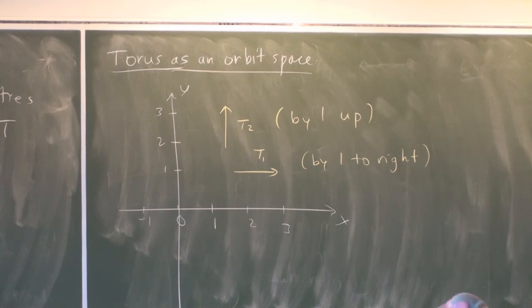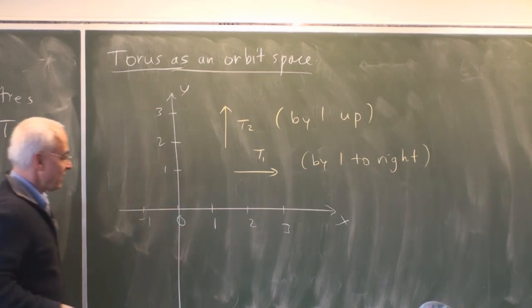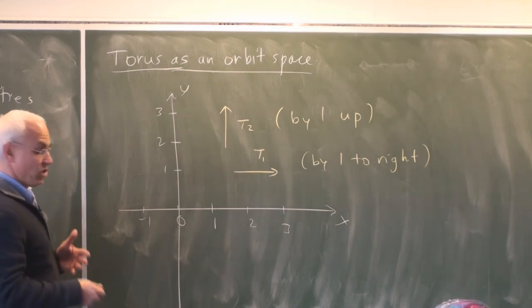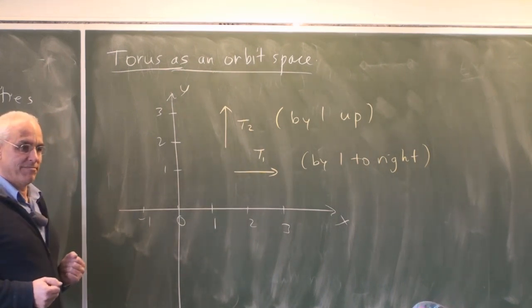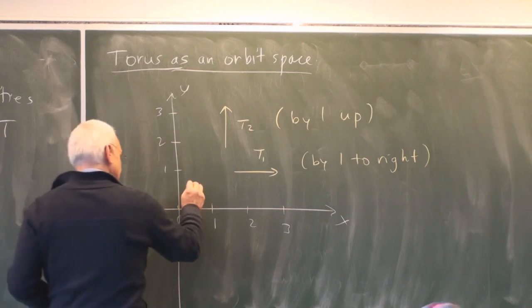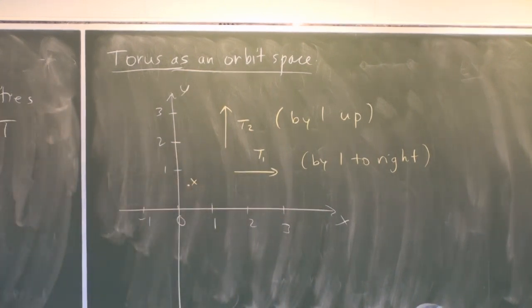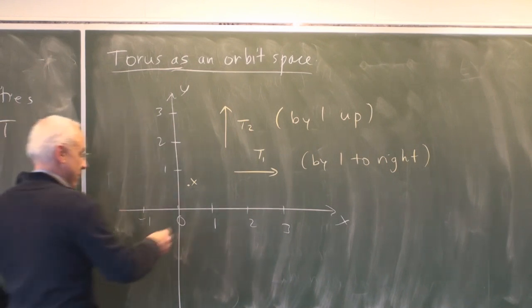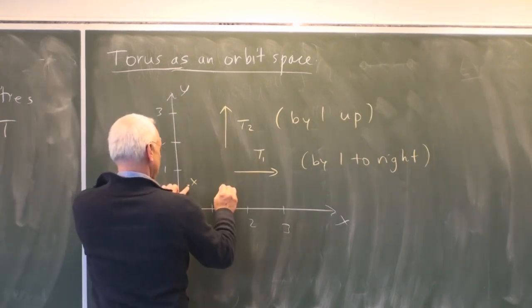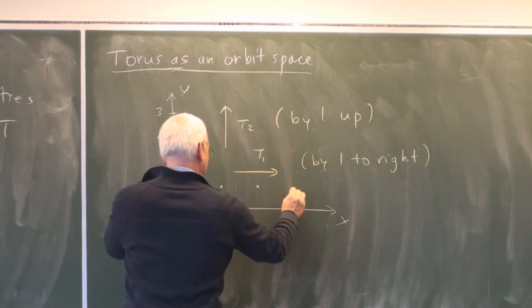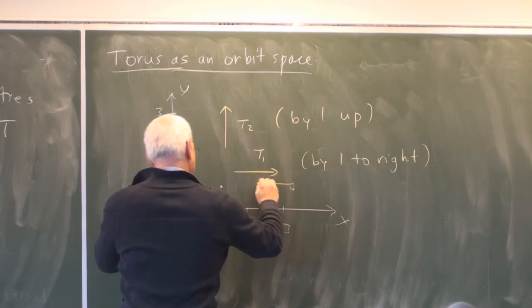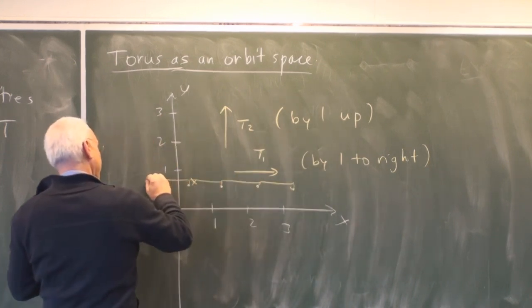That's by 1 up. And now we can consider both of these translations together, and we can consider the group generated by all these translations. It's perhaps easiest to visualize if we think about what it does to a point x. We're allowed to translate by 1 to the right, so we get that same kind of orbit that we did for the cylinder. I'll connect them like this, and also to the left.